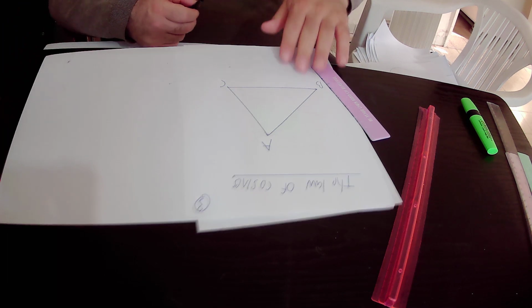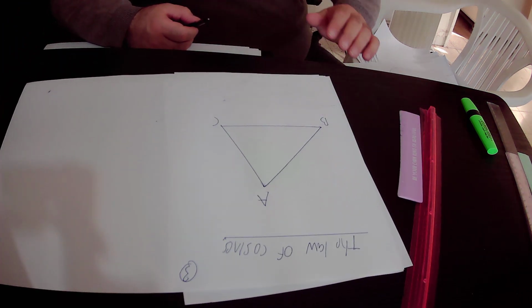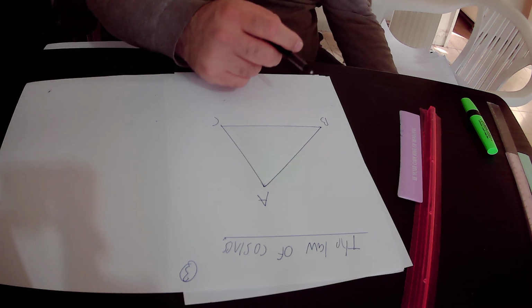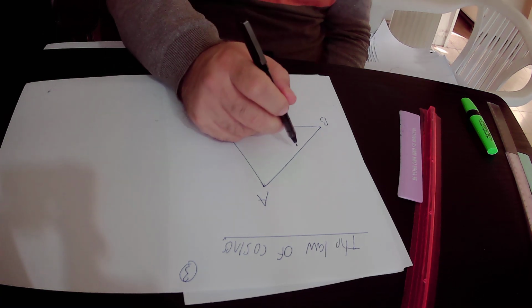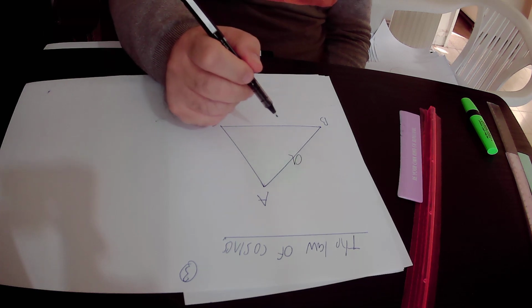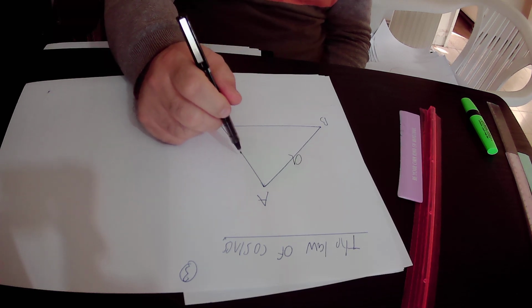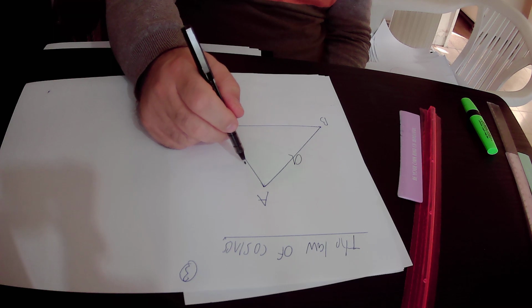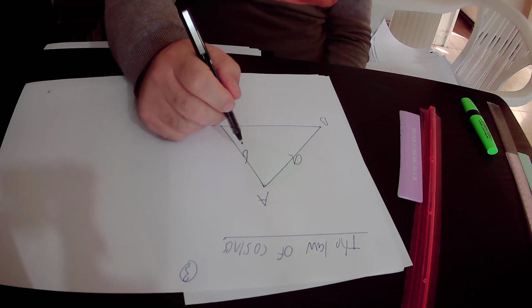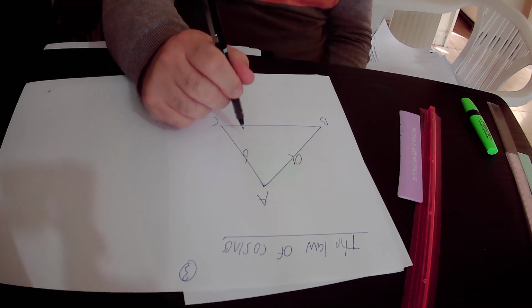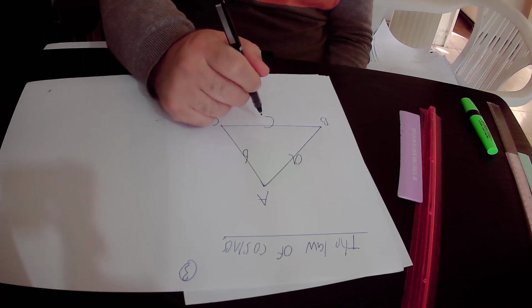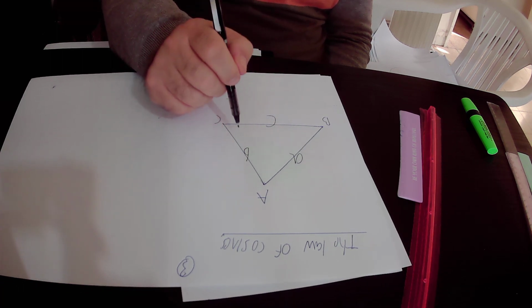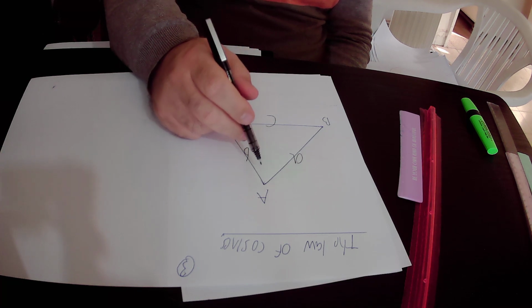And we know that side AB of triangle ABC equals A units in its length. Side AC equals B units in its length. And side BC equals C units. And the angle between side AB and side AC is alpha.